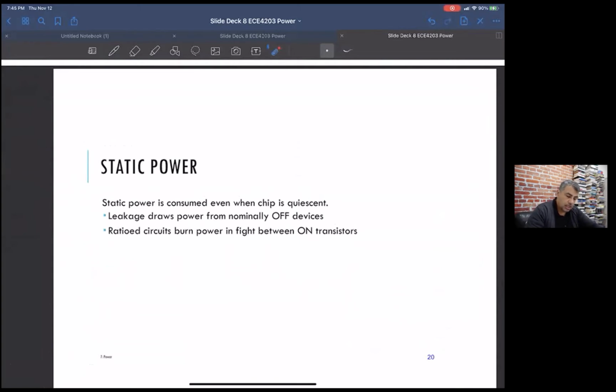I think I mentioned that in older processes it was not a big deal. But static power really started getting high at less than 65 nanometer processes. That's when it started burning a lot of people, and it might be as much as a third or higher.